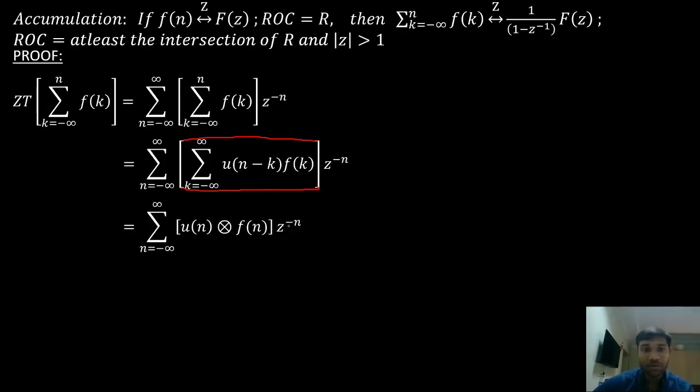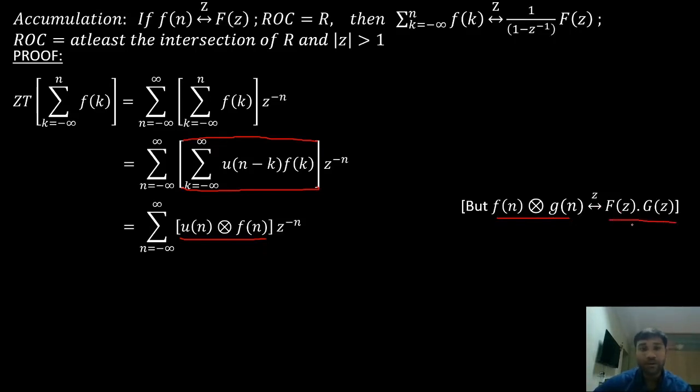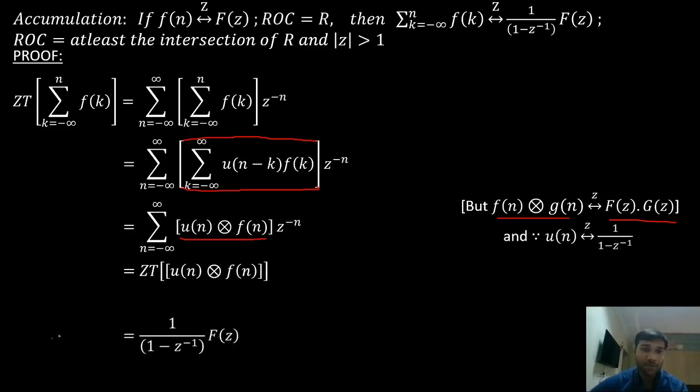Now, convolution in the time domain results in multiplication in the z domain. In any domain, convolution in one domain results in multiplication in the other domain. So what will I have? I'll have the z transform of u of n multiplied with F of z. That is what will be my final answer.